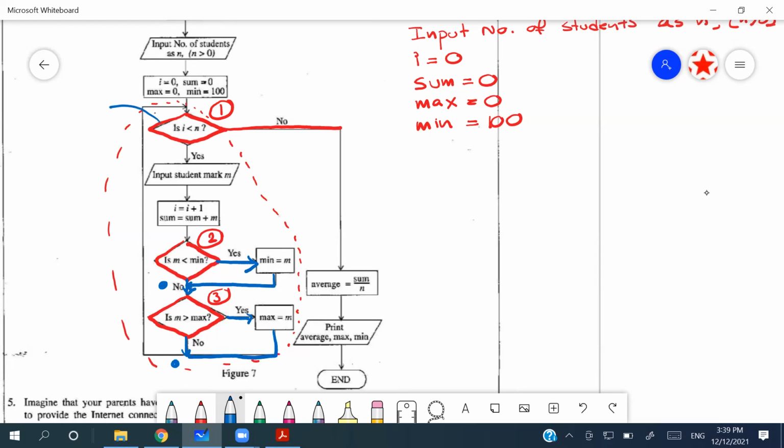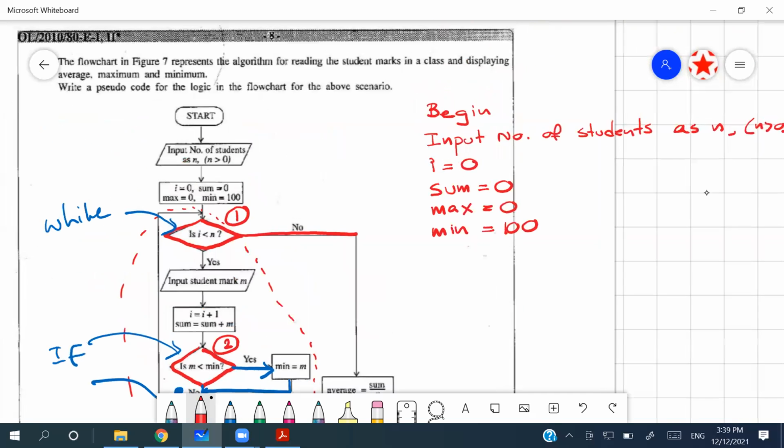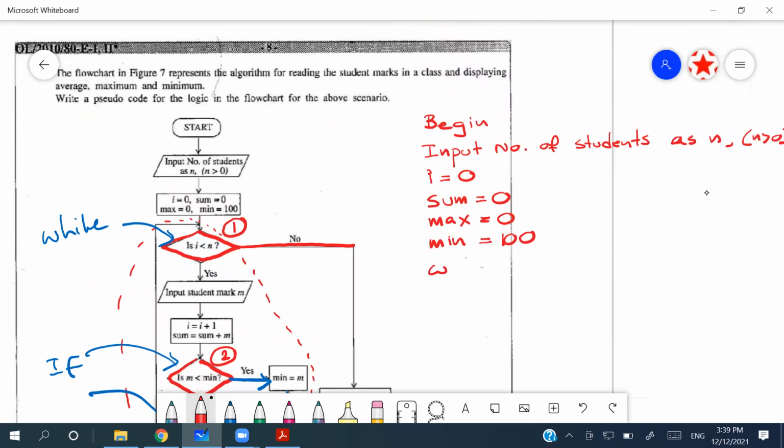So due to that, we can handle this using a while, and you can handle these two using if, right? So how are we going to go? We are going to say while, and this is iterating on the yes path.